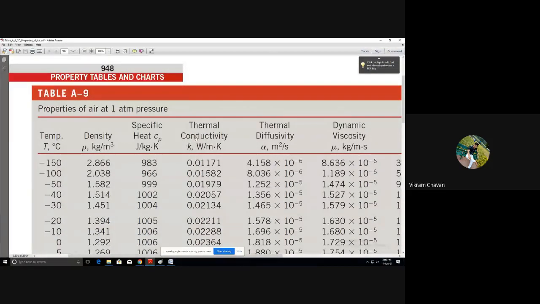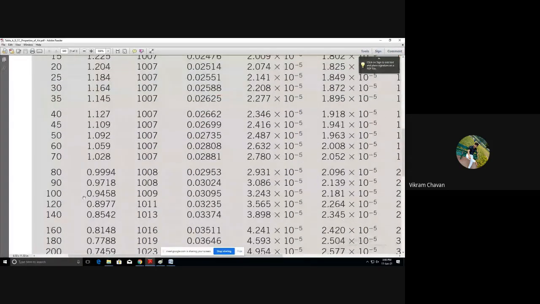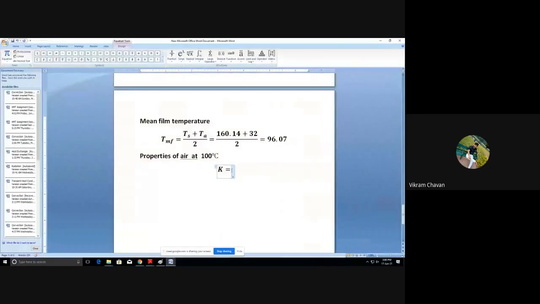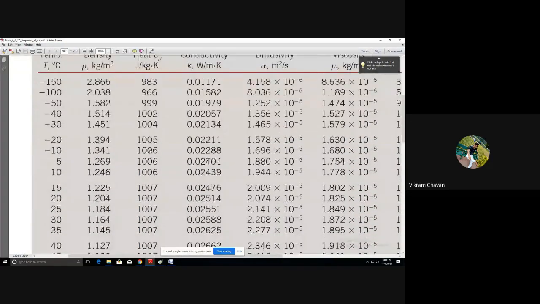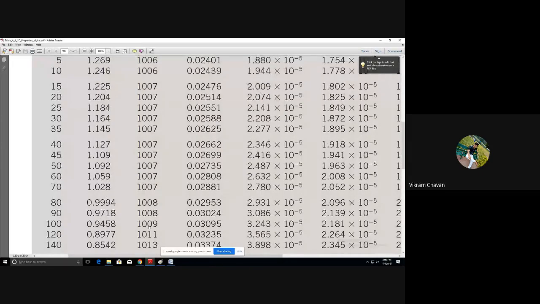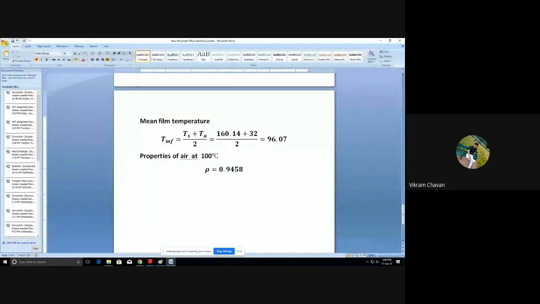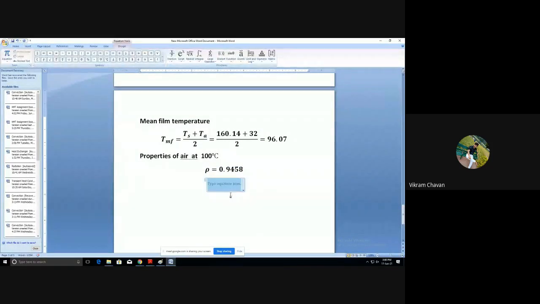Let's go column-wise. First is the density: 0.9458. Then the second column, specific heat, Cp, is 1009.